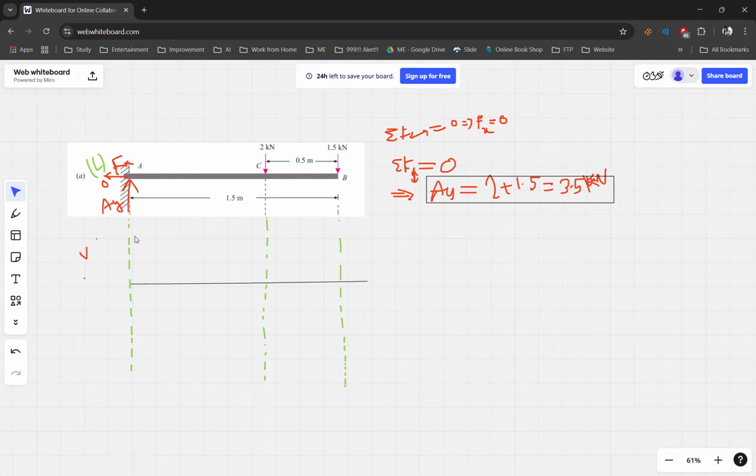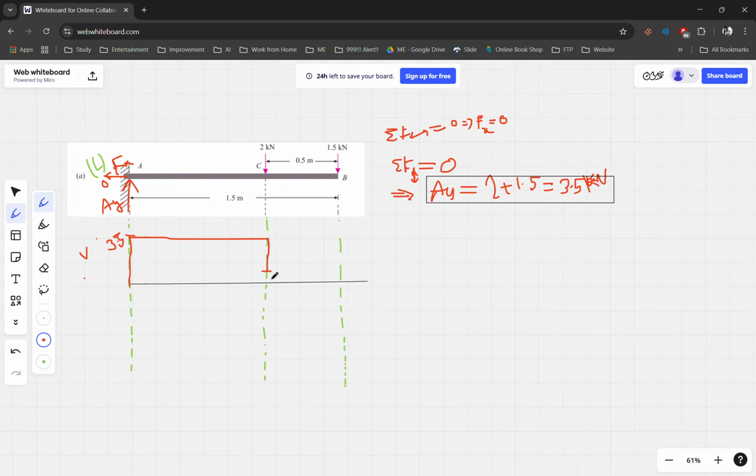So we can create this line that will go from here to here, that will be 3.5 kilo, and between these two points there are no other forces, so it will be a straight line till here. After that it comes down 2 kilonewton, downward.